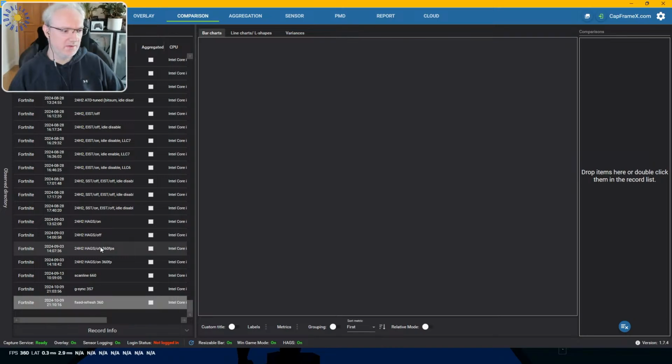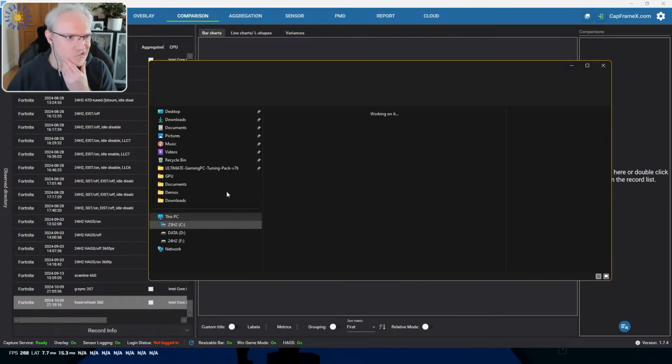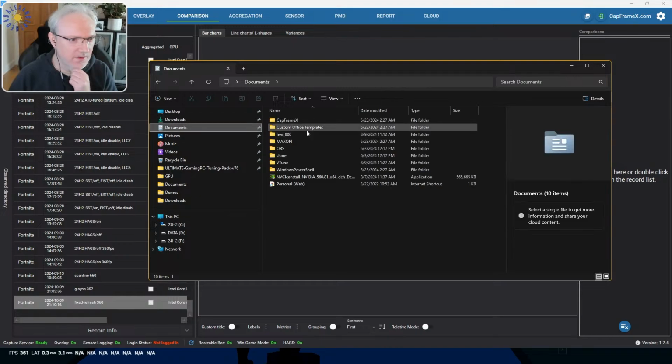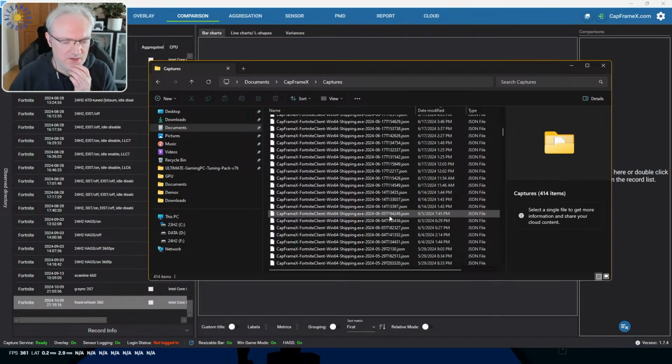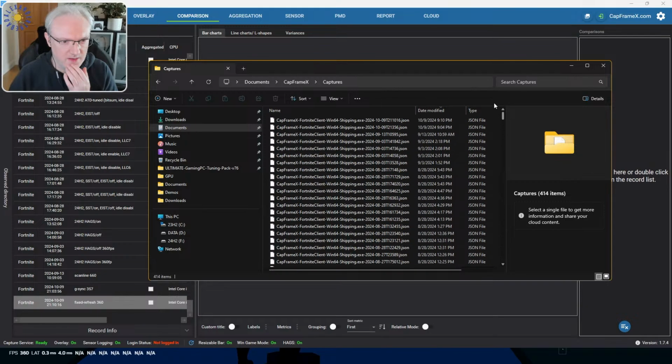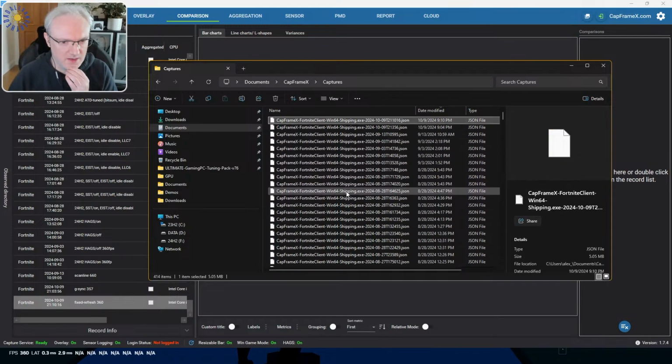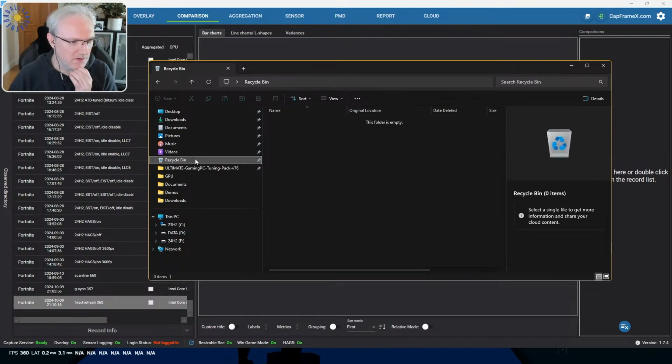That's weird. Am I loading them from the wrong place? Documents, CapFrame X, captures. Where have they gone? I'm in the right environment, right? Where have they gone?